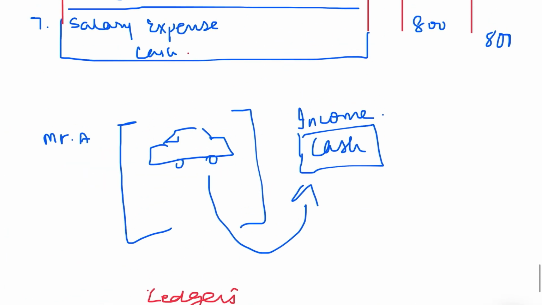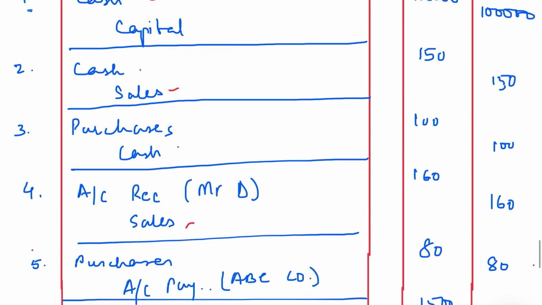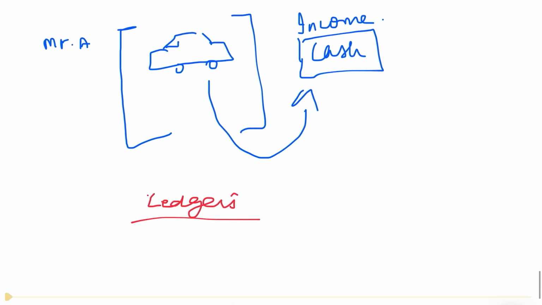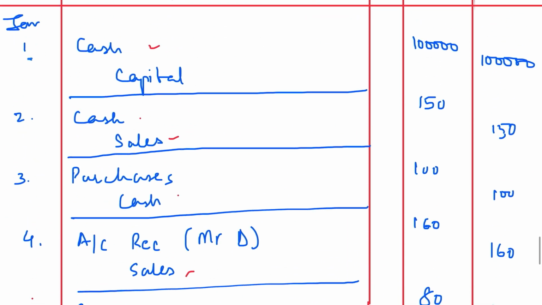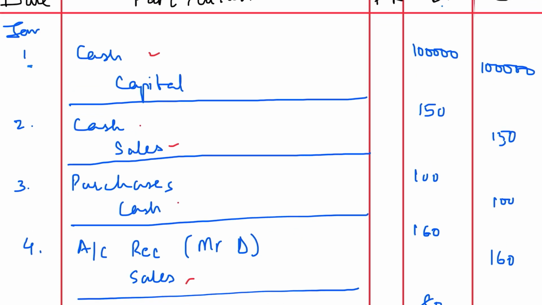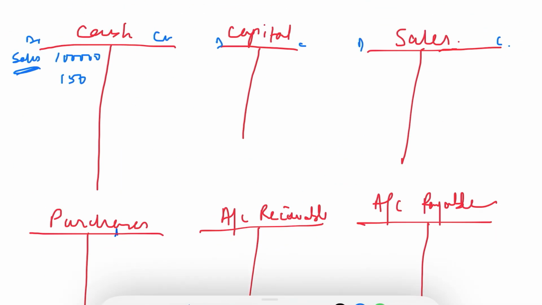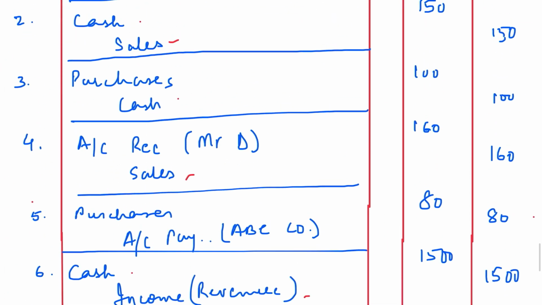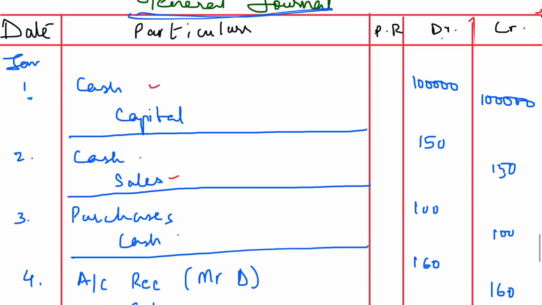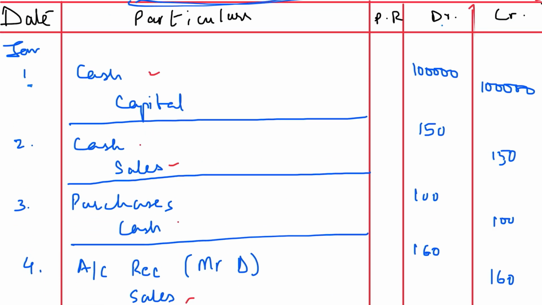Now next, we can see on 2nd January, cash is also increasing by $150, right? And the opposite we write as sales. 1st of January it is increasing because of the capital. Now on 3rd of January, cash is decreasing, right? It is on the credit side by $100.